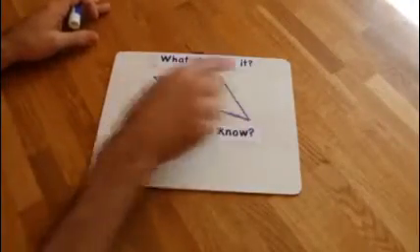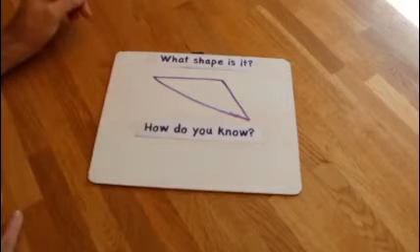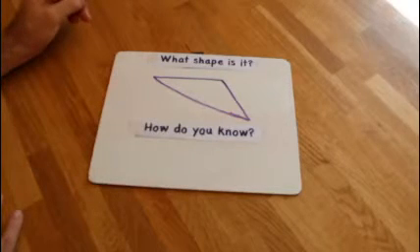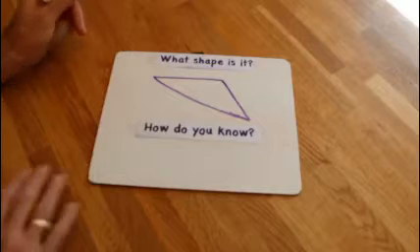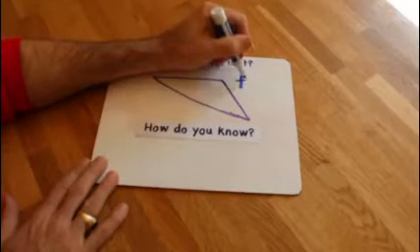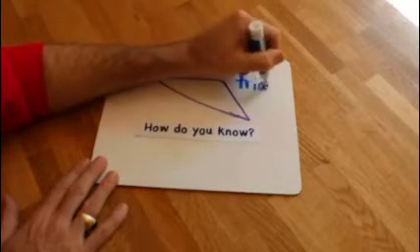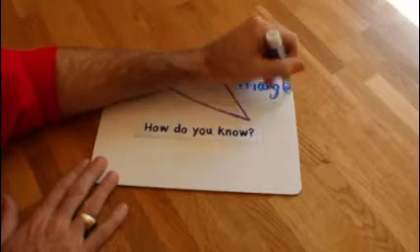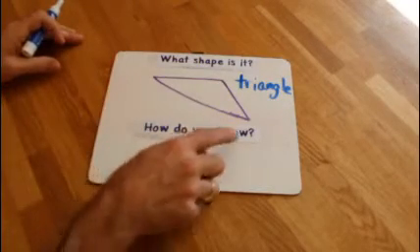What shape is it? Looks different than the last couple of days. But it's still a triangle. How do you know?